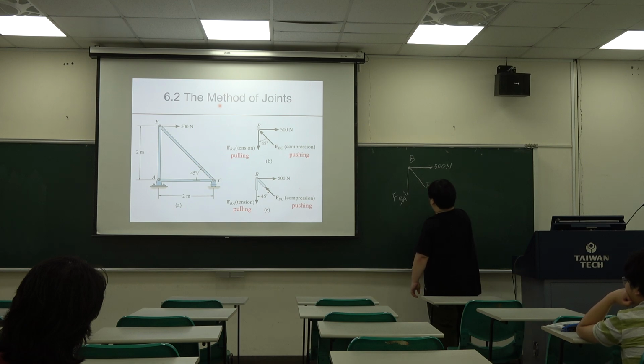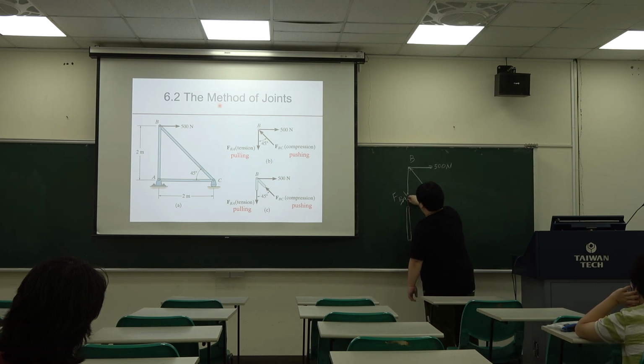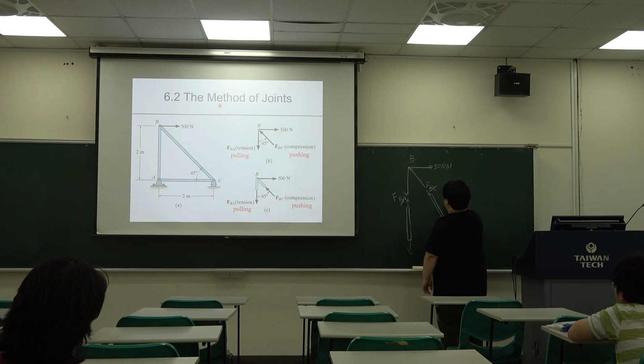And for a truss object like this, there will be a reaction force here. So the reaction force is in this direction. So this is compression, and this is tension.